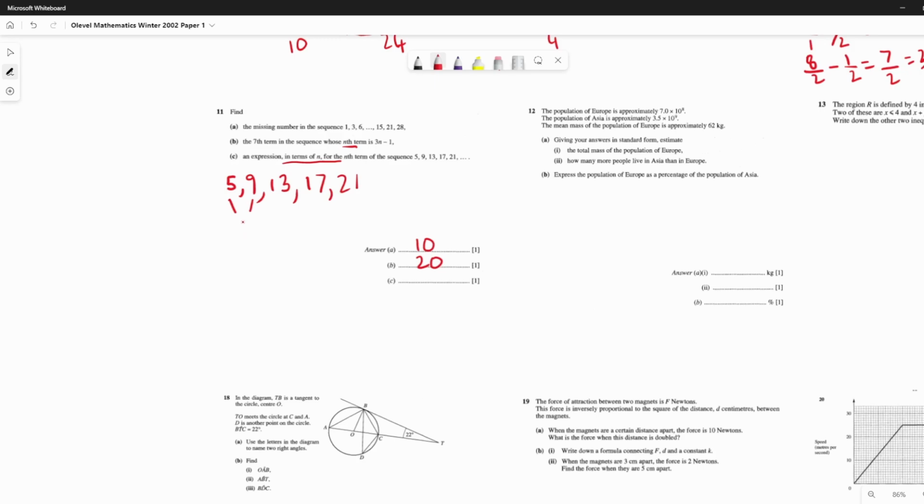The relationship between these: 5 plus 4 is 9, 9 plus 4 is 13, 13 plus 4 is 17, and 17 plus 4 is 21.